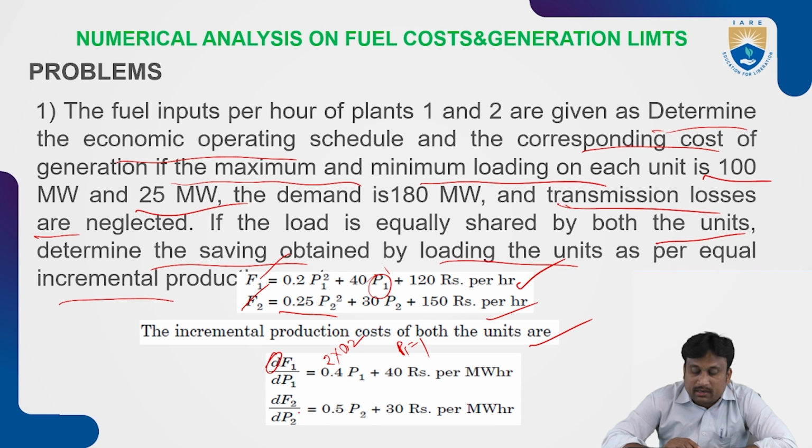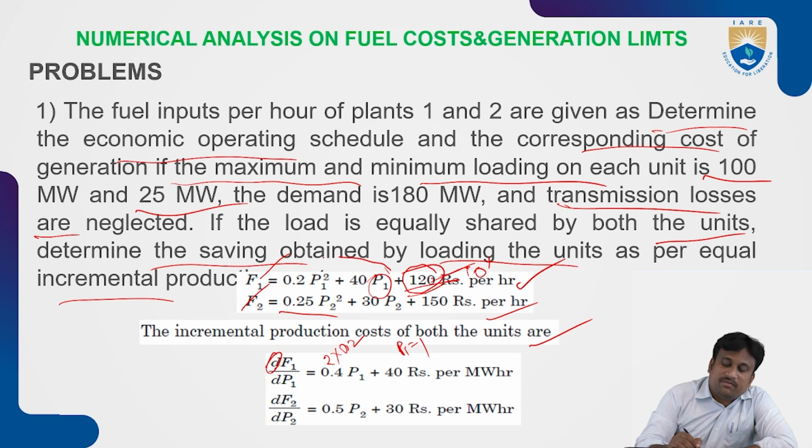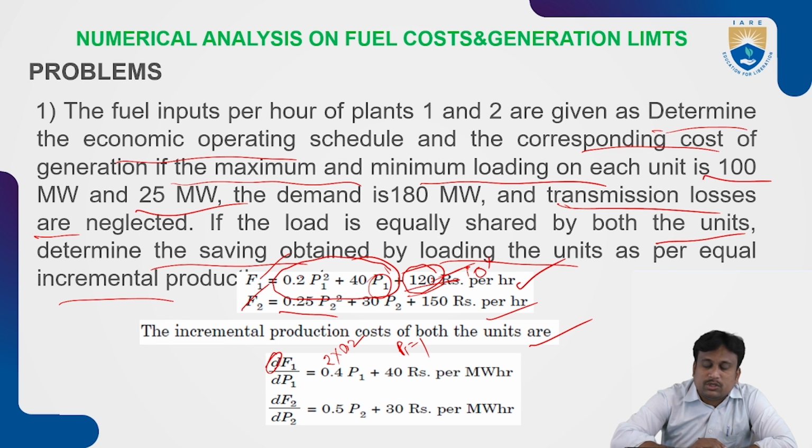And coming to dF2 by dP2, the 120 value becomes 0, because during differentiation the constant 120 leads to 0. That's why we are left with these parameters 0.2 P1 square plus 40 P1.